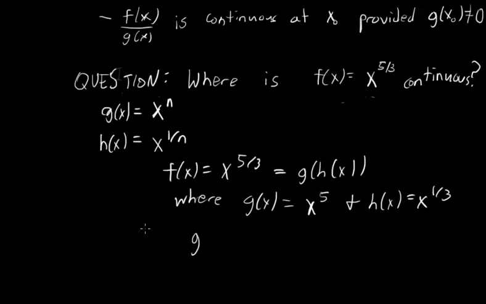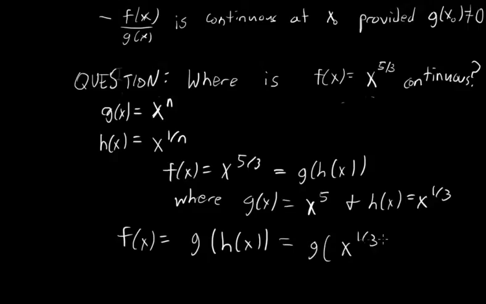So if you look at f of x equals g of h of x, well, you do h of x first, right? Raise x to the 1/3. And then you apply the function g to h of x. So this is equal to g of x to the 1/3. Well, that's going to be x to the 1/3 to the 5th power. And that's x to the 5/3.